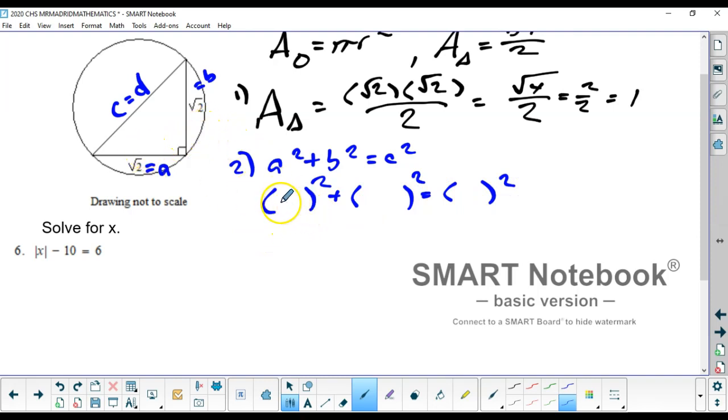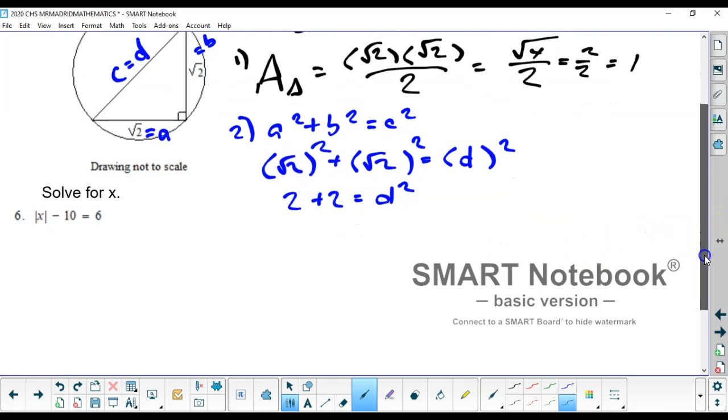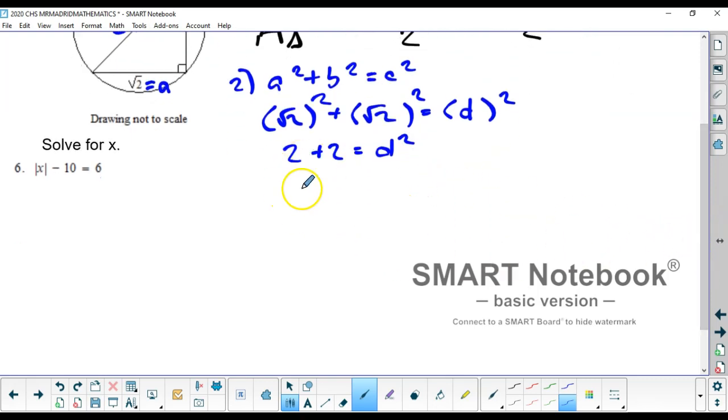So we have the square root of 2, square root of 2 equals the diameter squared. 2 plus 2 equals d squared. We have 4 equals d squared.